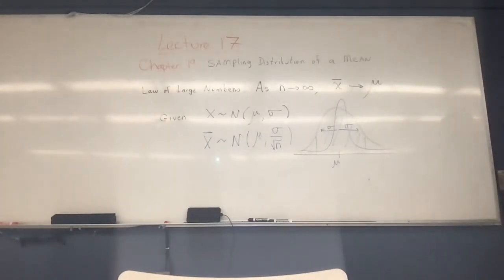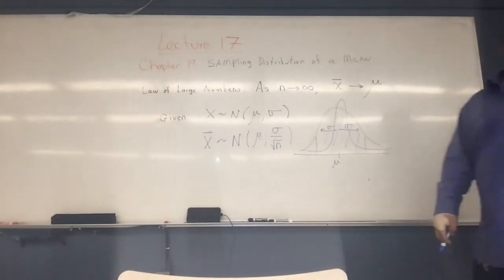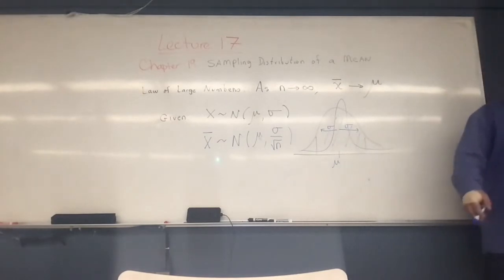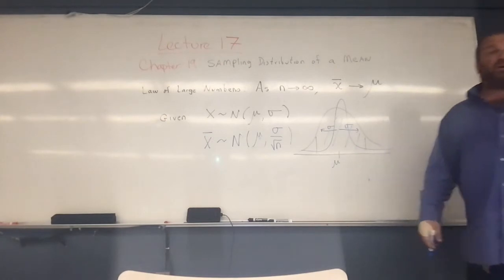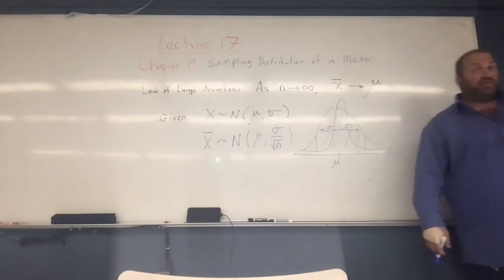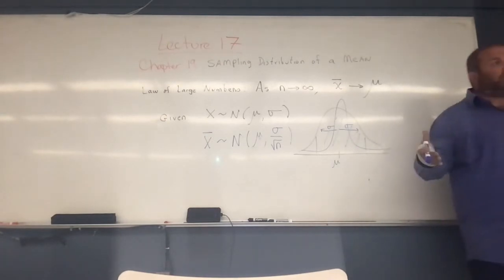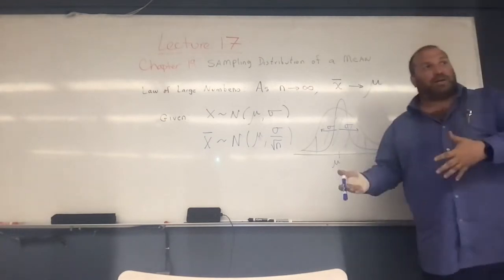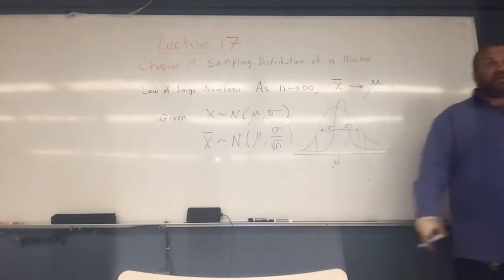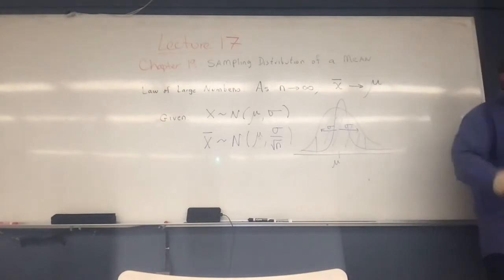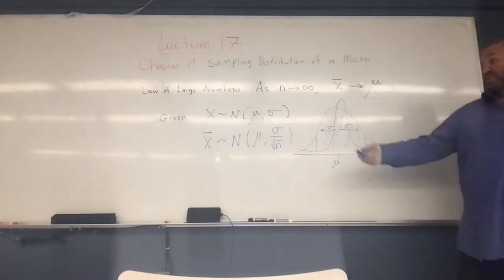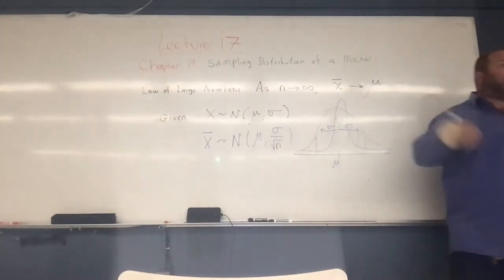So if I were to quadruple the sample size, not quadruple, sorry. If I take a sample of size 4, rather than 1 at a time, I would do 4 at a time. How would sigma compare for the 4 at a time situation versus the 1 at a time situation? It will be half as big. Because if n is 4, the square root of 4 is 2, so you're dividing by 2.